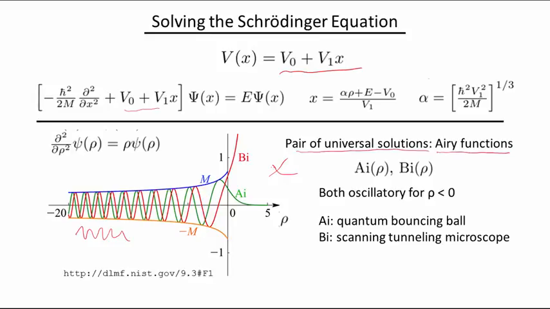So there's kind of a universal function of each type that covers behavior in the allowed versus forbidden regions.